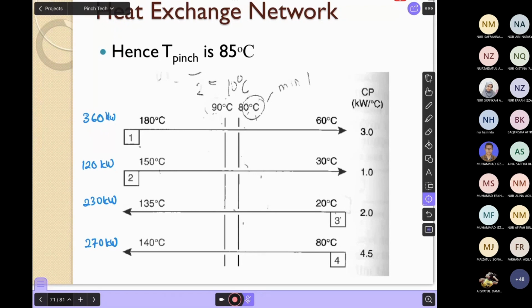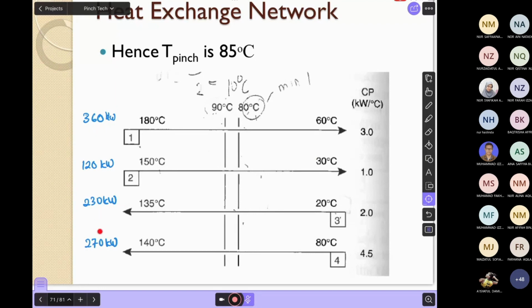Then look at the top one, which is the hot stream. The energy required to reach 60 degrees Celsius is 360 kilowatt. If you were to choose the third stream, you can choose that one.